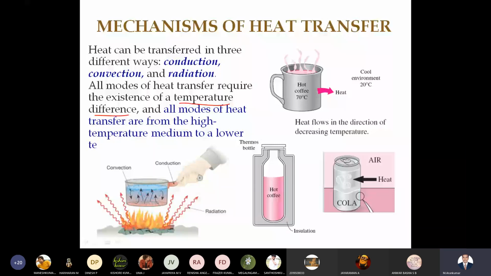If the water gets heated, assume this handle is made of steel. After some time the heat will be transferred through this handle, and your hand will feel the hotness of the handle, right? This process is because of conduction.